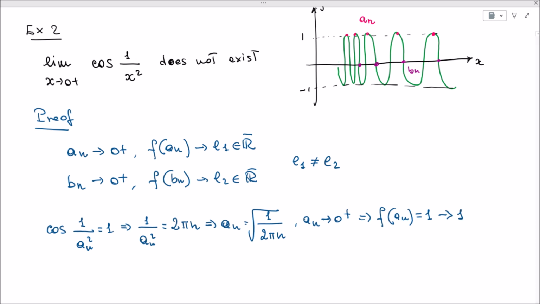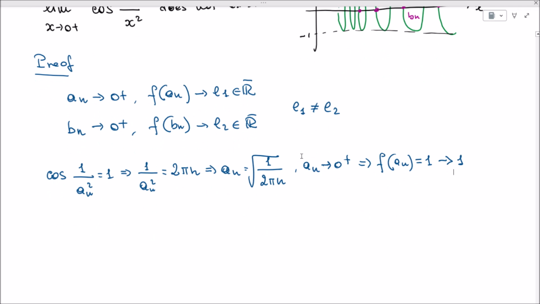Okay, let's now work on the other sequence bn. We would like to have now that the cosine of 1 over bn squared has to be equal to 0.